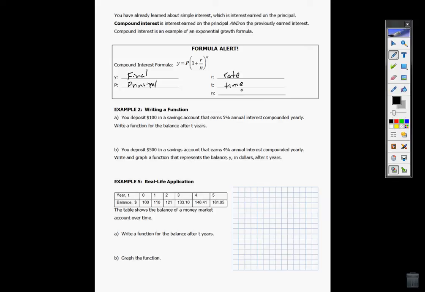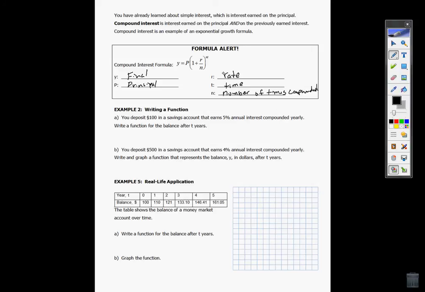But we are going to introduce a new variable to the equation, which is n. And n is going to be the number of times interest is compounded per year. Number of times compounded. Okay, and we're going to hear that word a lot, compounded.